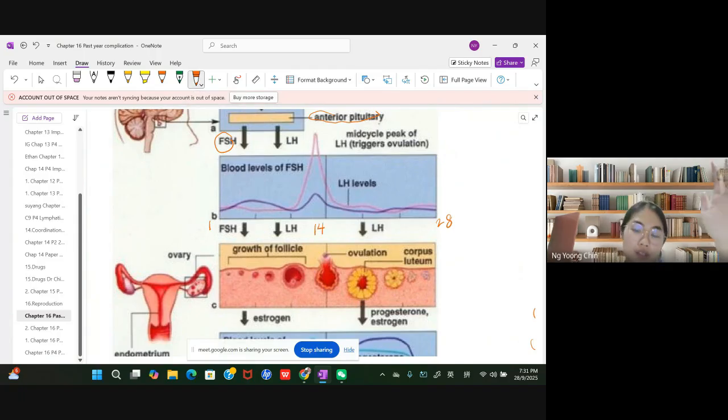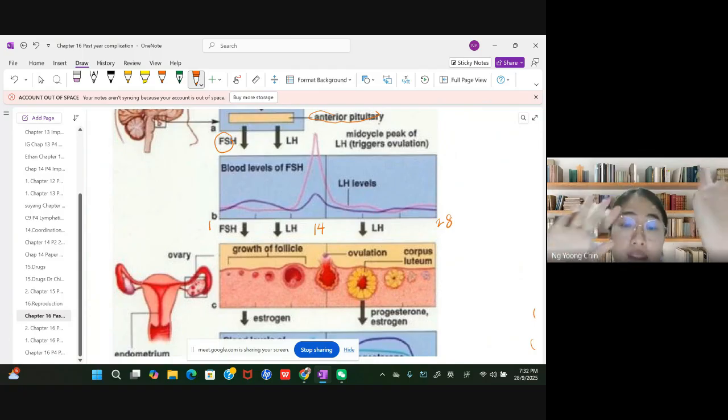We want to identify the menstrual cycle based on its phases. They have about three phases. First, we talk about follicle stimulating hormone, because we need to use this hormone to stimulate the maturation of the follicle. Only later can they do the fertilization.